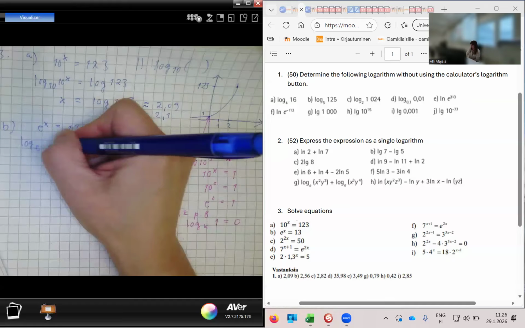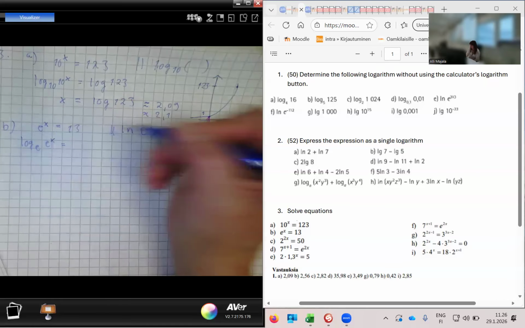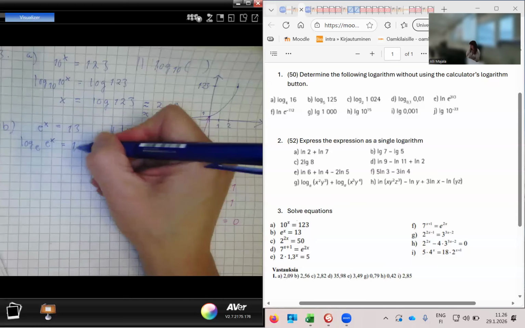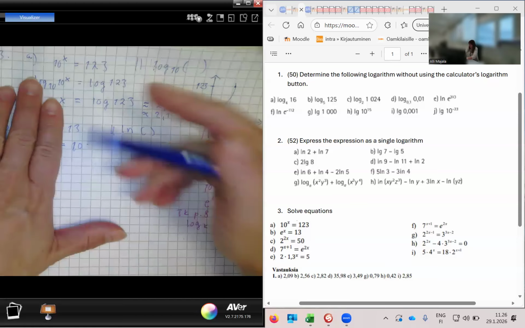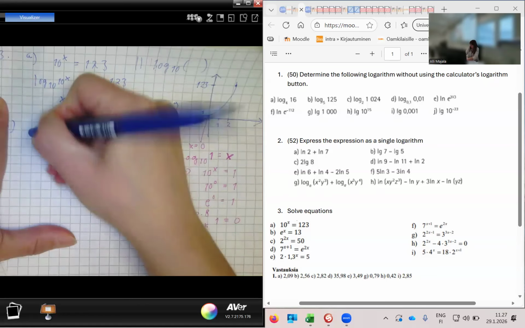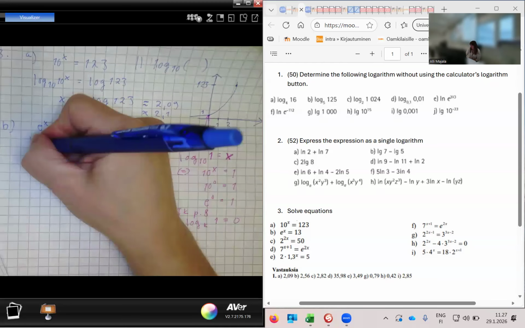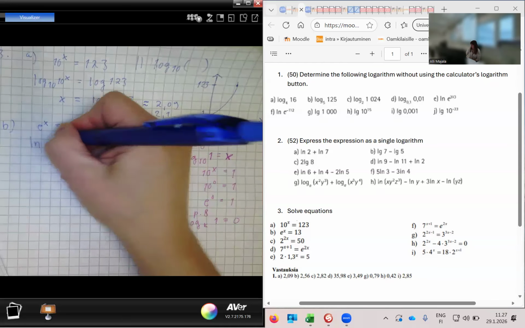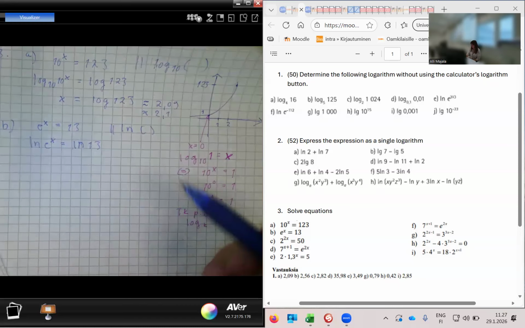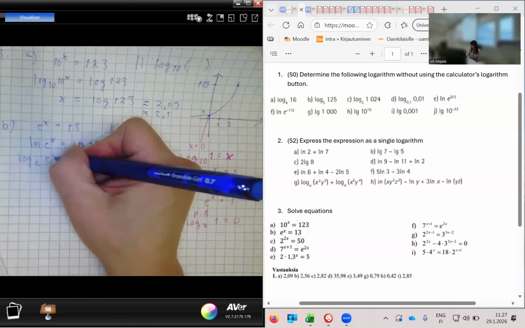I can write it like this as well, so I can see clearly that it's an e-based logarithm. There would be ln 13.